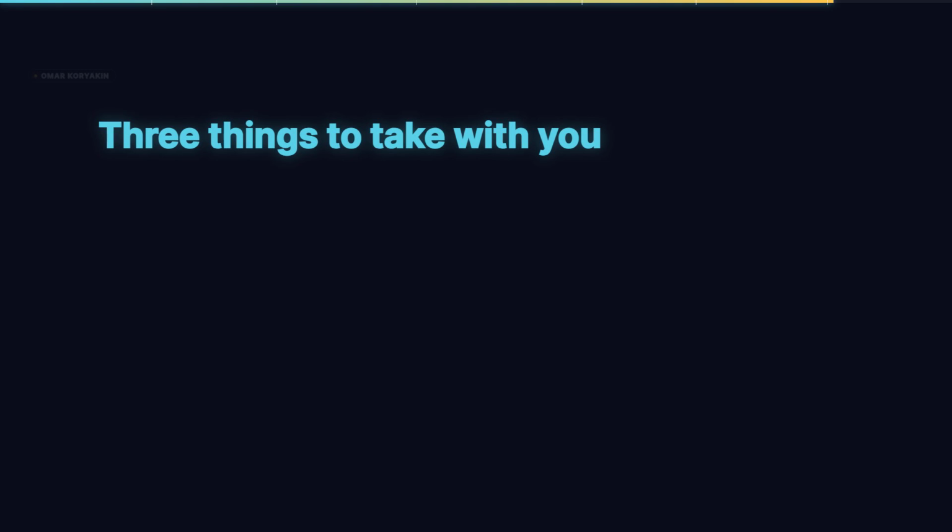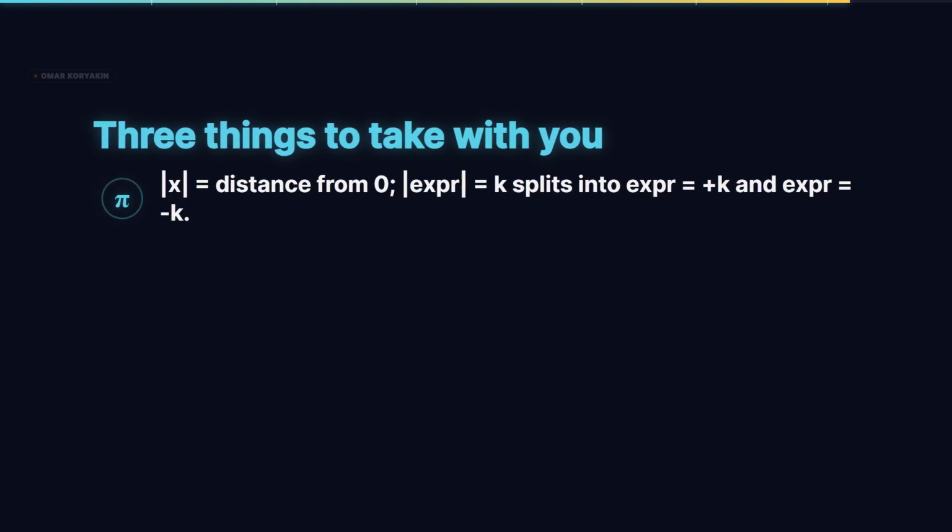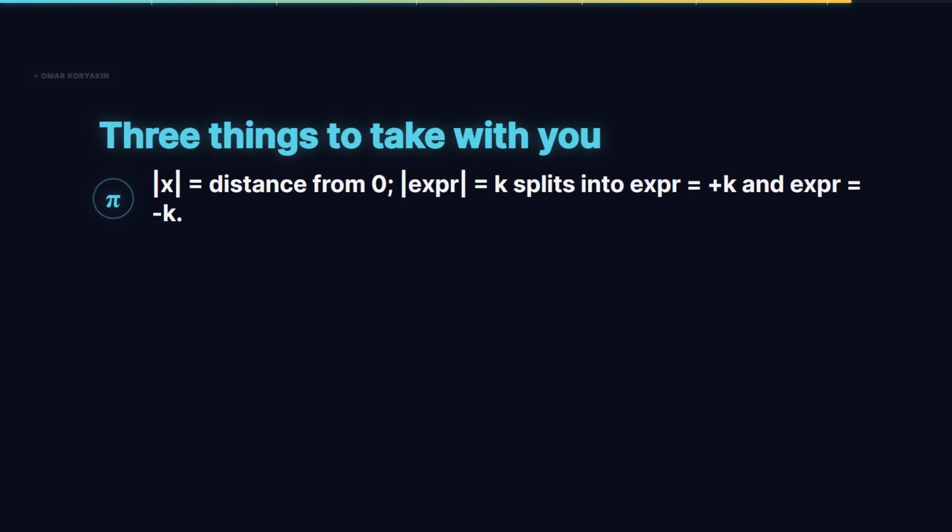Absolute value equations are the gateway to a small but important family of solving techniques that recurs across statistics, engineering, computer graphics, and navigation, and the case split discipline transfers directly into the inequality version we will cover tomorrow. First, the absolute value of a number is its distance from 0 on the number line, always non-negative.